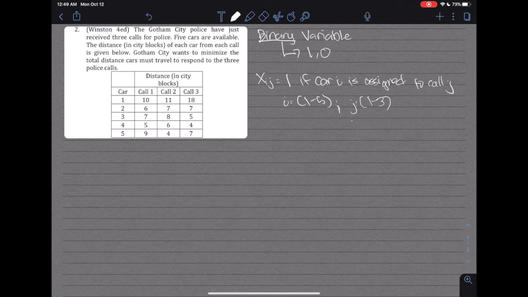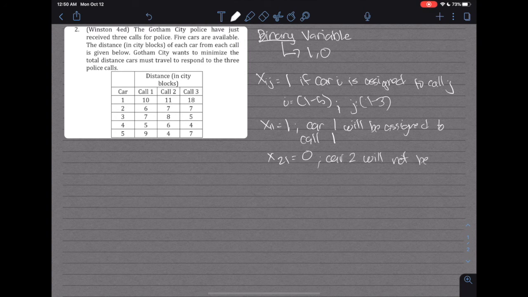So if x11 is equal to 1, this means that car 1 will be assigned to call 1. If x21 is equal to 0, then that means car 2 will not be assigned to call 1.